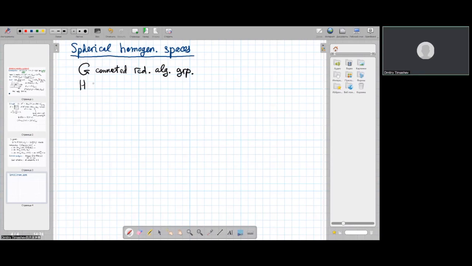H is some closed subgroup in G. And let us also choose a Borel subgroup, B, in G. It is unique up to conjugation. We choose some.